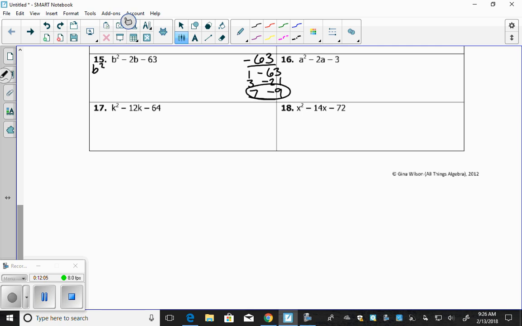So b squared plus 7b minus 9b minus 63. What's my next step? Group with parentheses. Okay, you said b parentheses b plus 7.